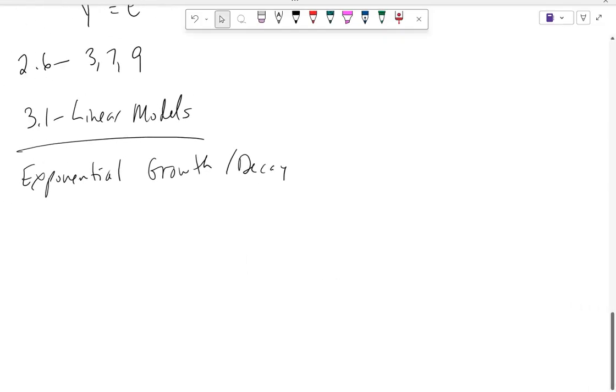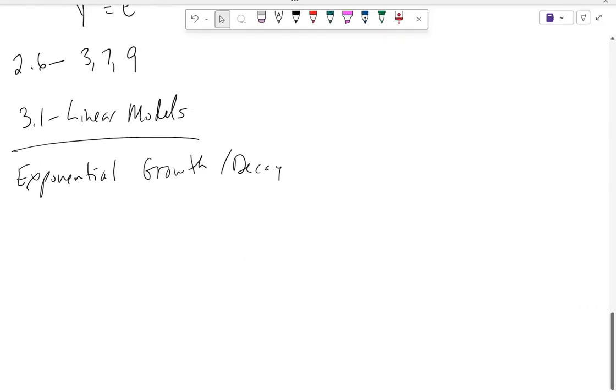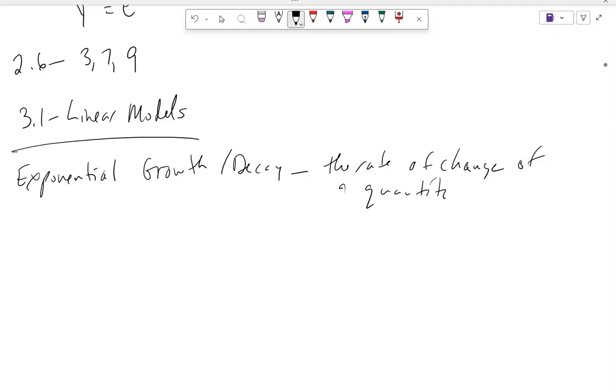Exponential decay and growth all come from the same idea: the rate of change of some quantity is proportional to the amount of that quantity.